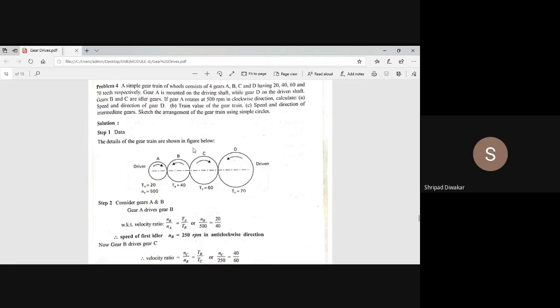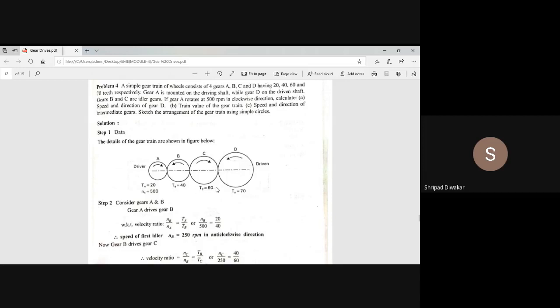A simple gear train of wheels consisting of 4 gears A, B, C, D having 20, 40, 60 and 70 teeth respectively. Gear A is mounted on a driving shaft, means it is a driver gear. Number of teeth is 20. Next, B is the intermediate gear, and the number of teeth on the second gear is 40.